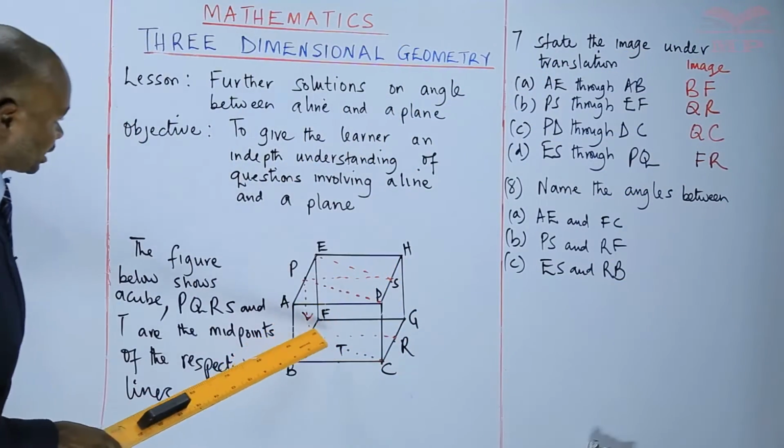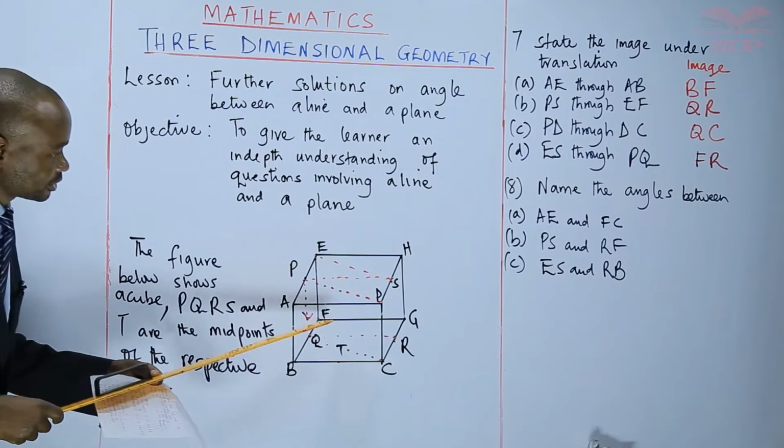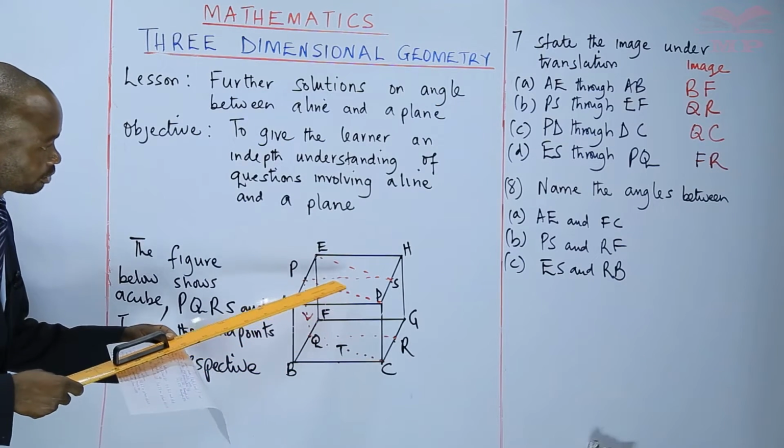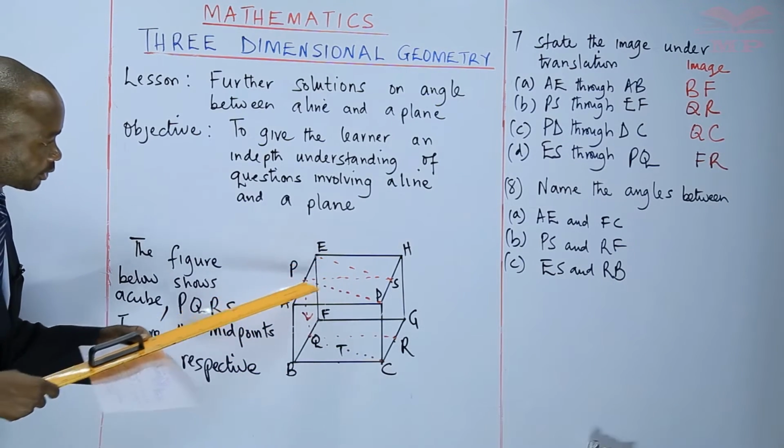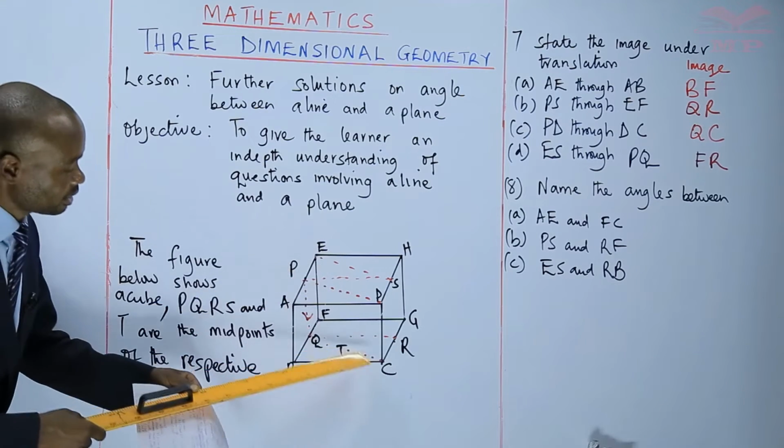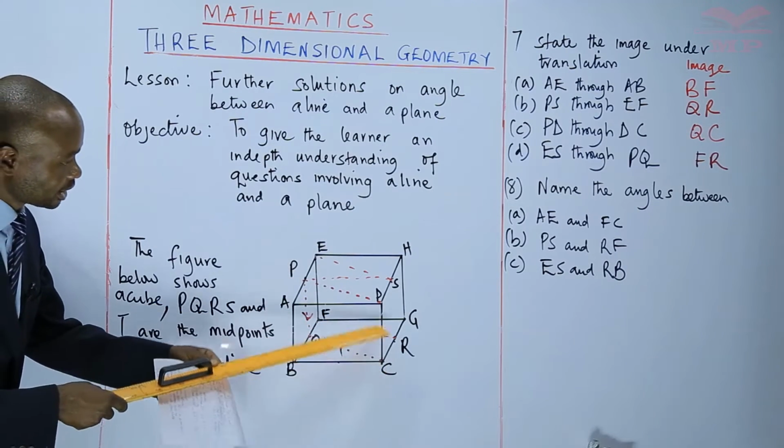So I'll take FC and translate it. I move it up to the plane where we have AE. If I move it there, this C will come at D.